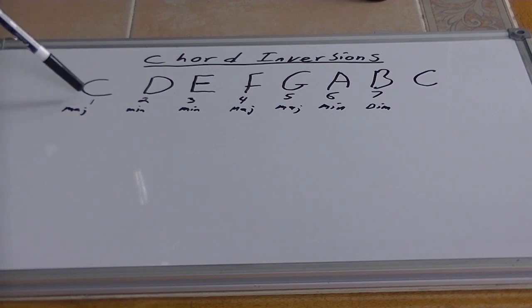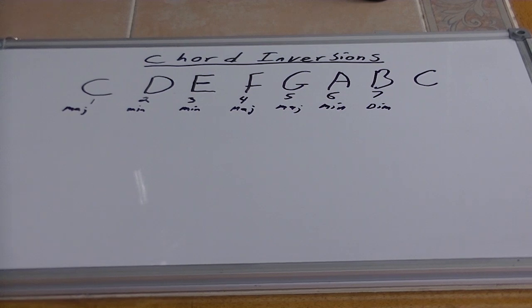I have the number 1 here to represent the C note as the first note in the scale. I've also written underneath the numbers whether the scale tone chords associated with this scale are major or minor. What we have here essentially represents the key of C major.